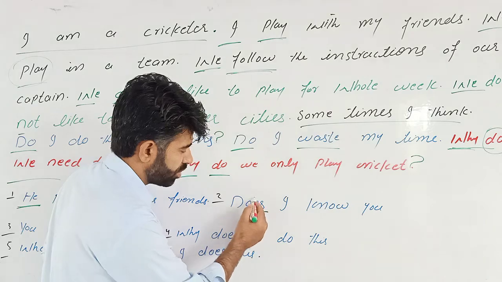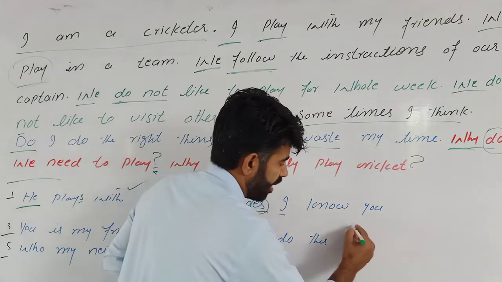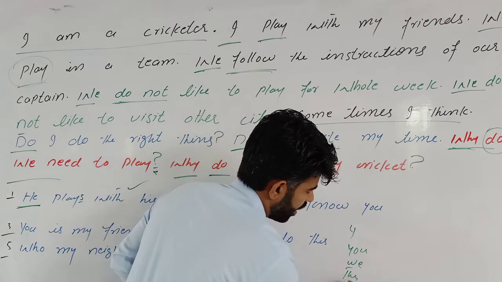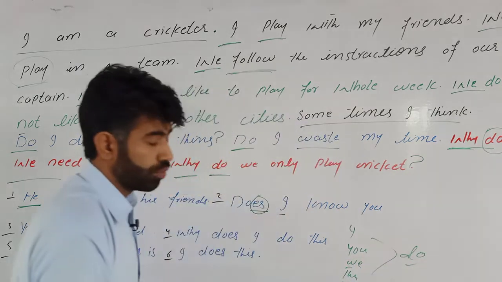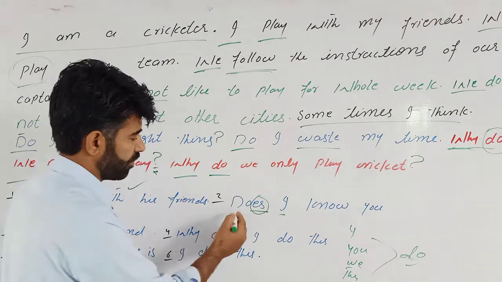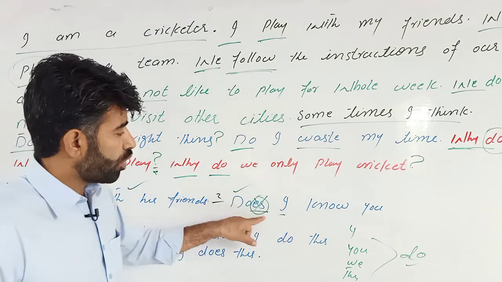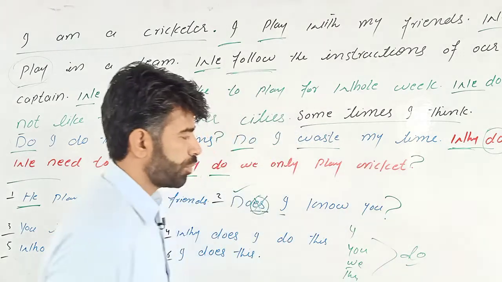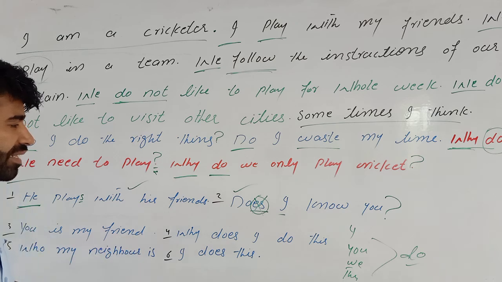We do not use does here with I. With I, you, we, they and plural noun we use do to make negative and interrogative. So we do not use does, we only use do. So, do I know you? And this is once again wrong. Why? Because we need to put a full question mark at the end. So this is the right sentence now.